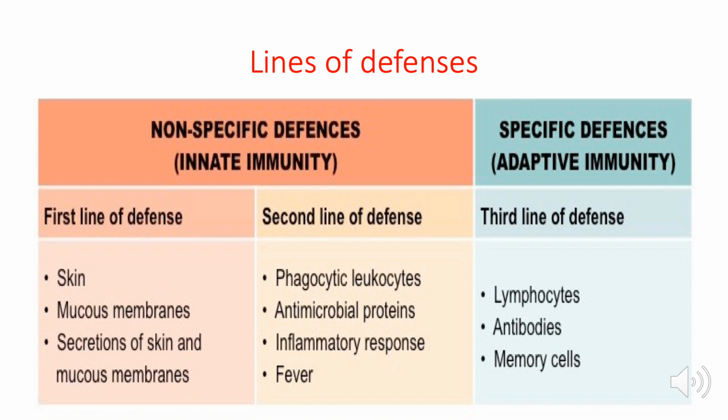And then you have here the examples or immune responses classified under them. And the only line of defense that falls under the specific or adaptive immunity is the third line of defense. And listed under it are the immune responses mediated by T cells and B cells.